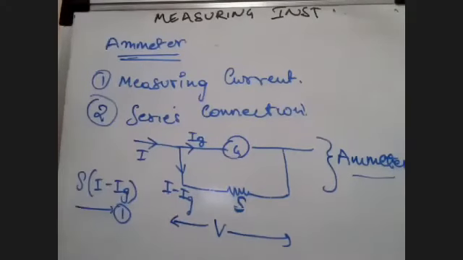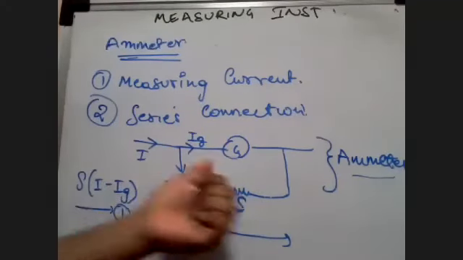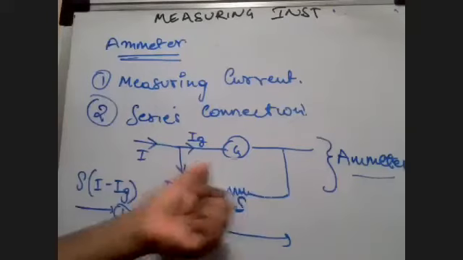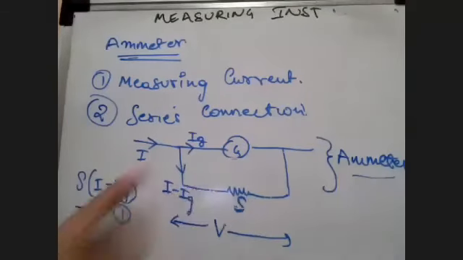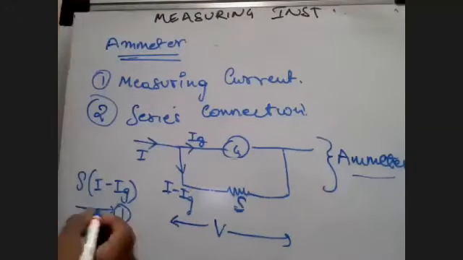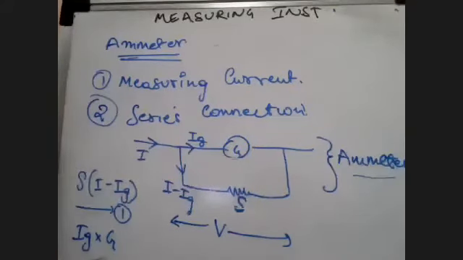What is going to be the potential across this galvanometer? Ig into capital G. So it is going to be Ig into G. This is our second equation.